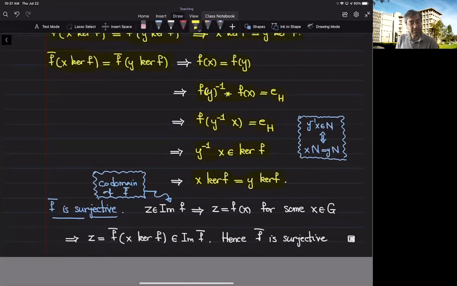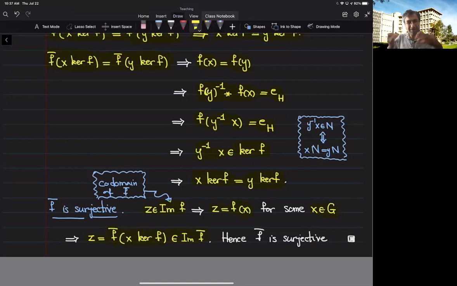Now let's argue why F bar is surjective. Okay, so I pick something in the codomain. The codomain of F bar is the image of F. So that means I have to pick some element in the image of F. Saying that Z is inside the image of F means that Z is F of X for some X in the domain of F. But remember, F of X is equal to F bar of the coset that's represented by X. So now that I know Z is F bar of something, I can deduce that it is in the image of F bar.